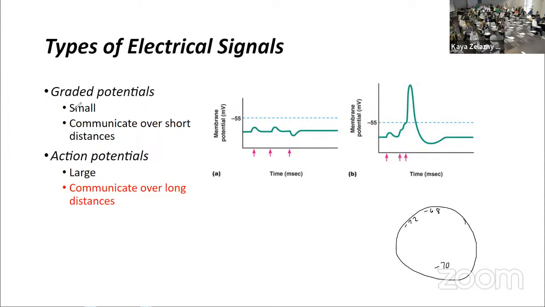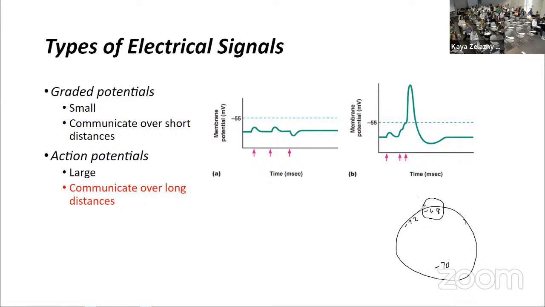So this is what's happening with our graded potential. We're going to have a small change in the membrane potential, like this shift right here on this little section of membrane to -68. That would probably be a graded potential. So we had a slight change right here in this little location.